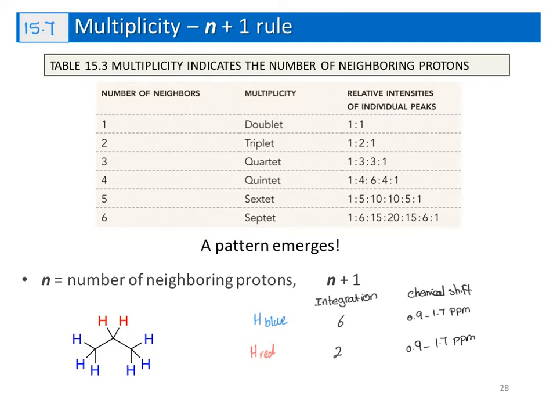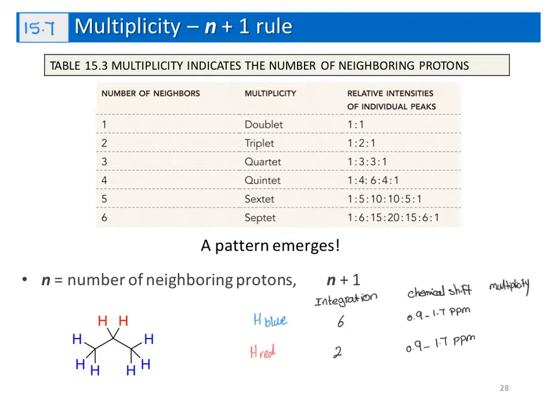Now we want to define the multiplicity. So for the multiplicity, let's look at the blue hydrogens and define the multiplicity for these hydrogens. So we need to look at the neighboring carbon and the protons attached to it. So we have 2 protons attached to the neighboring carbon. These 2 protons are chemically equivalent.